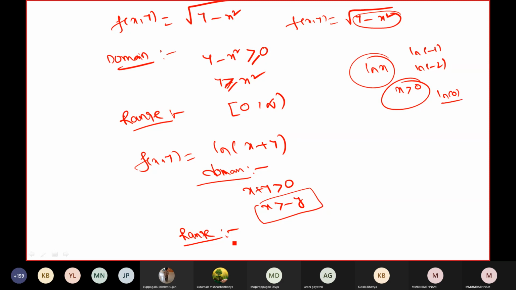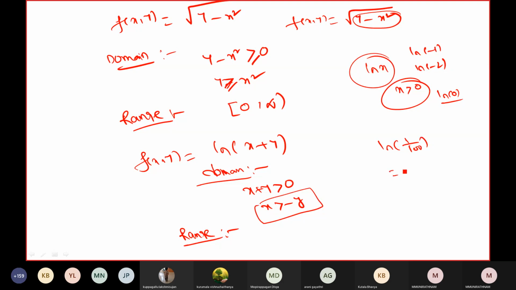Can you give an example of minus? Like ln of 1 by 100, or 1 by 10.